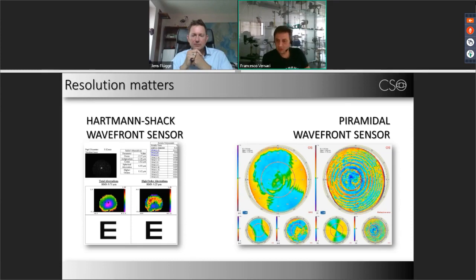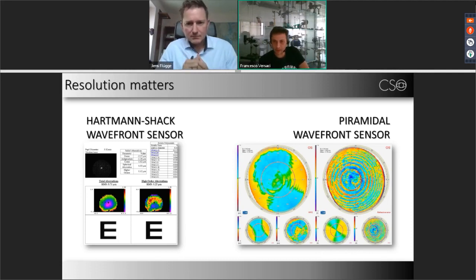Let me take the chance of this first slide to comment a little on this display, because maybe we are going to see some of those maps or displays, and I want you to know what we are displaying and in what way.